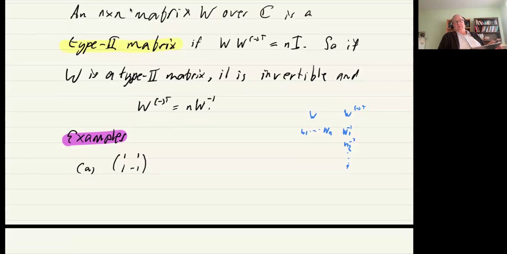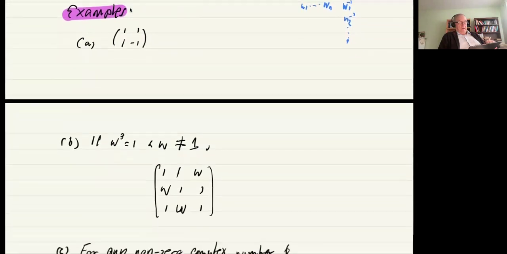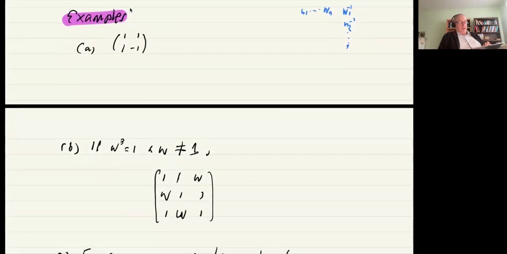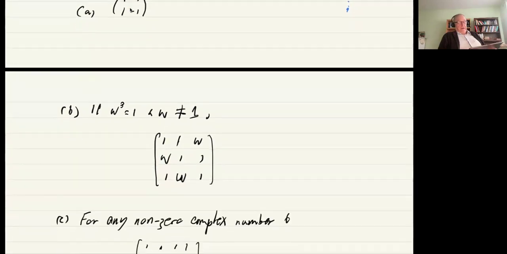It's flat and orthogonal, so that's unitary, so we're all right. Just to make life a little more interesting, pick a cube root of 1, not equal to 1, and write down this matrix. That's a type 2 matrix.